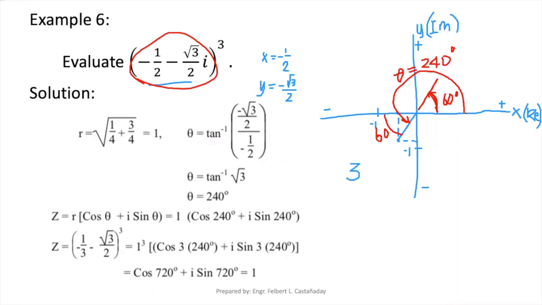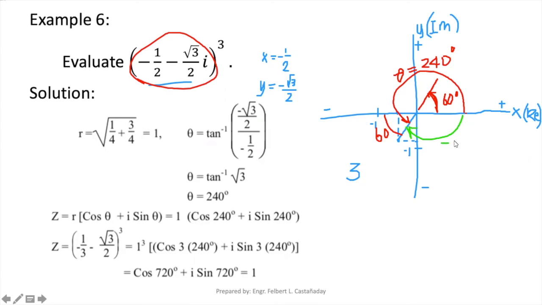But if you directly use your calculator in converting the rectangular form into polar form, it will give you a negative angle. It's okay to use that as long as you're aware of the direction. It's actually negative 120 if you do the direct conversion. So negative 120 is the clockwise direction.